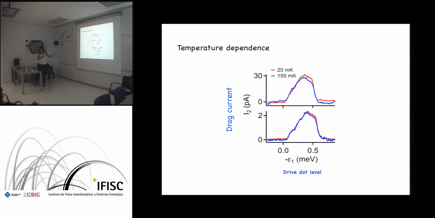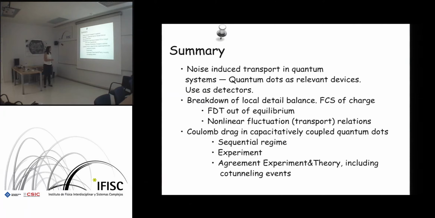So as a summary, I have tried to motivate the talk, telling you about the meaning of noise-induced transport. I told you that quantum dots are relevant devices in this topic. They can be used as a detector of noise, for instance.